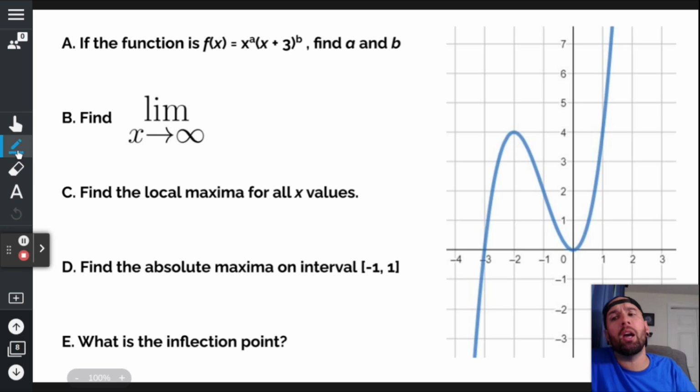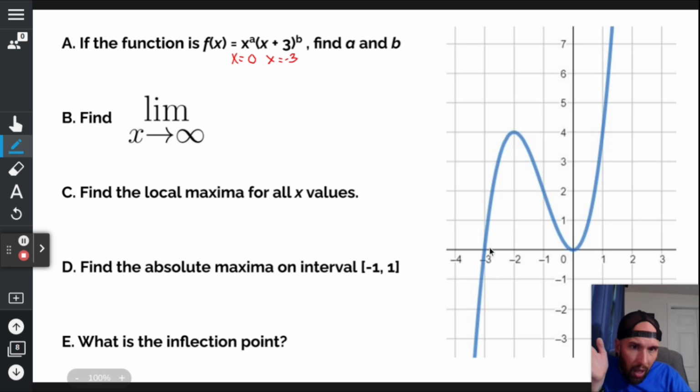No calculator whatsoever, so you're not going to see me awkwardly stare into a void if you watched my last video. If the function is f of x, so we have a cubic. If the function is f of x equals x to the a and x plus 3 to the b, find a and b. All right, so this implies that I have a zero at 0 and a zero at negative 3.